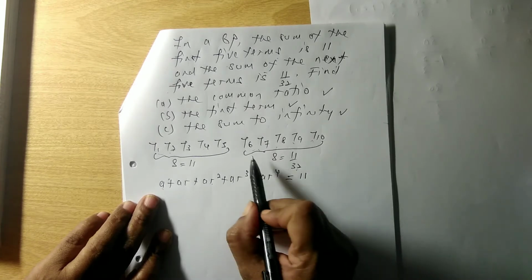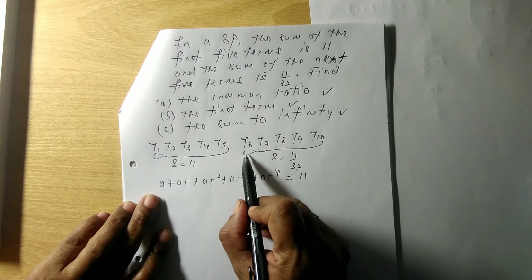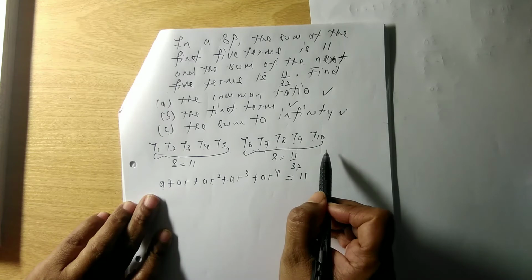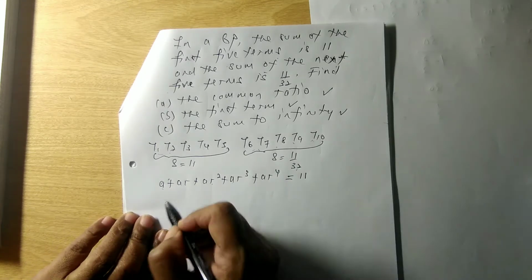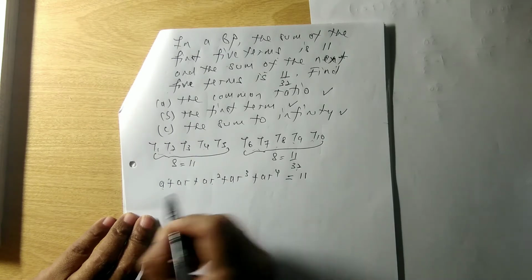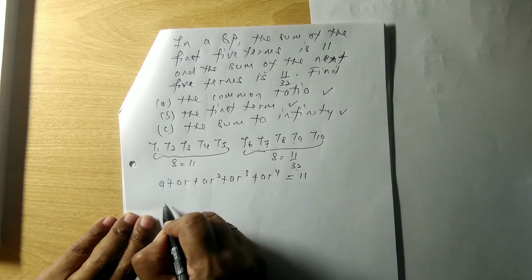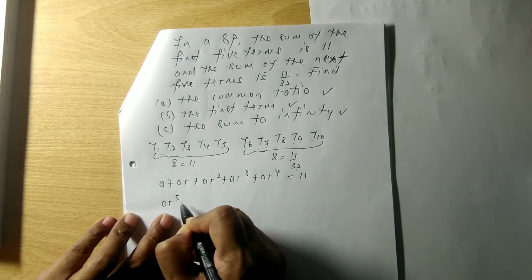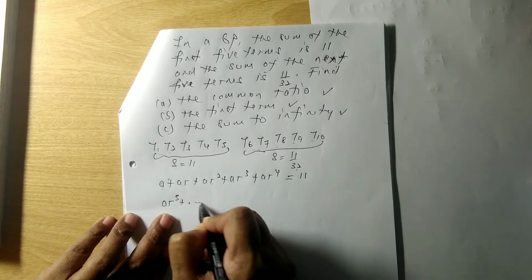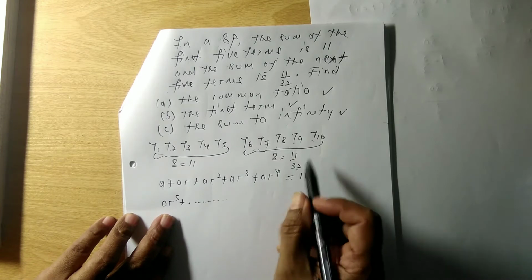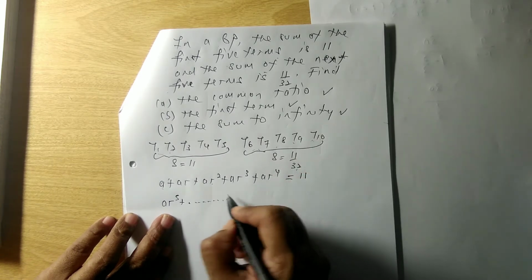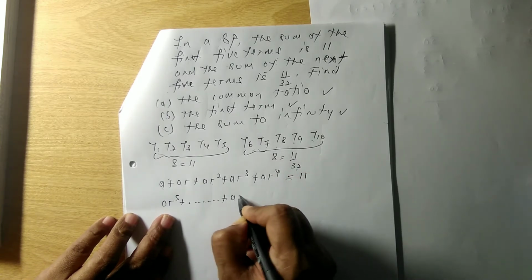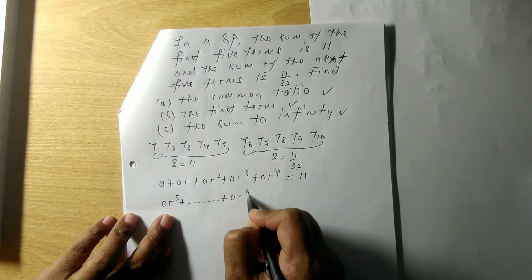Now this is my next part, T6 up to T10. You can do the same thing. T6 is AR to the power n minus 1, so this is 5 plus 6 plus 7 plus 8 plus 9 up to 10. So this is AR to the power 10 minus 1, which is 9.